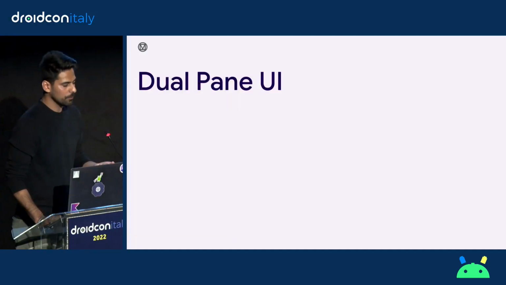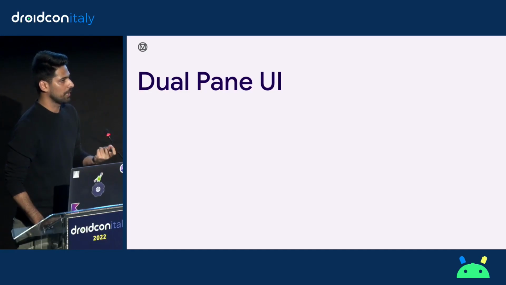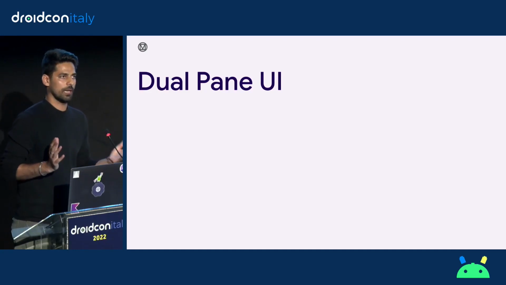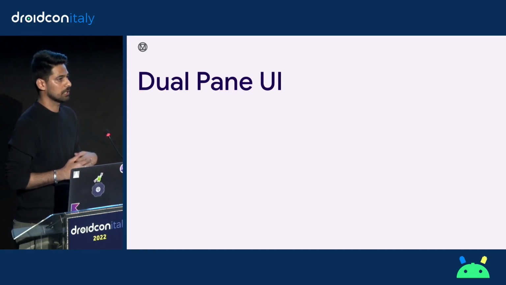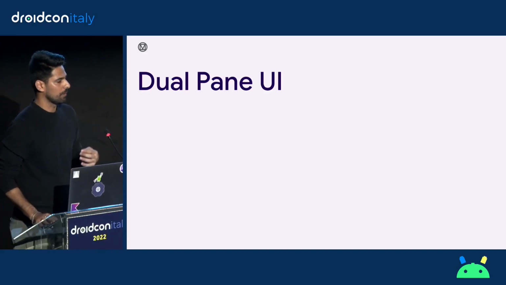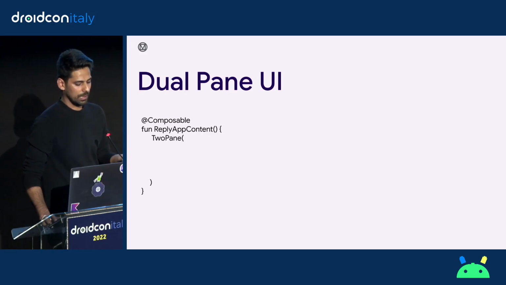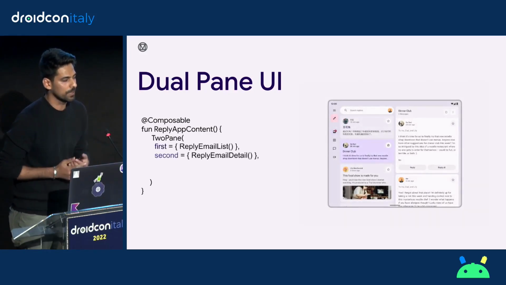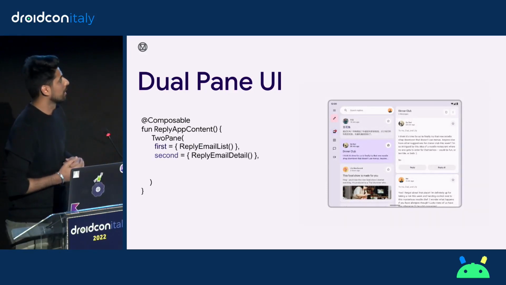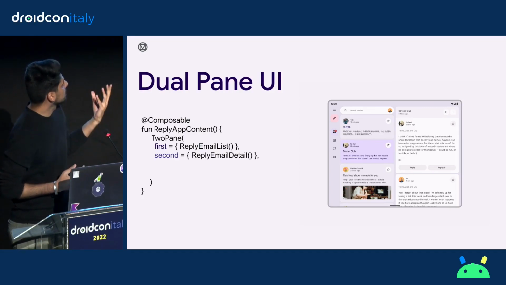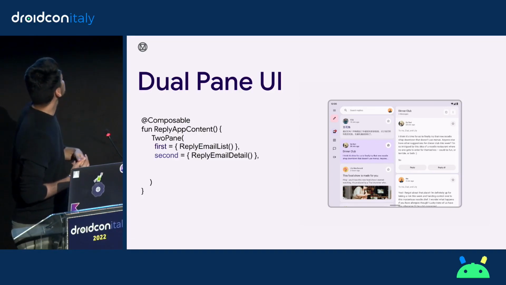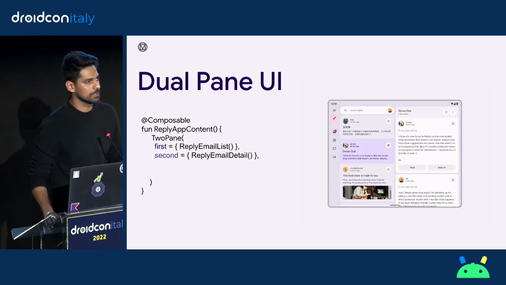It also gives information about dual pane UI, which is very similar to Scaffold, a slotting-based API, where you can actually just call a composable TwoPane and provide it first and second composable parameters, which take the information. And here in our screen, it's email list and detail list.